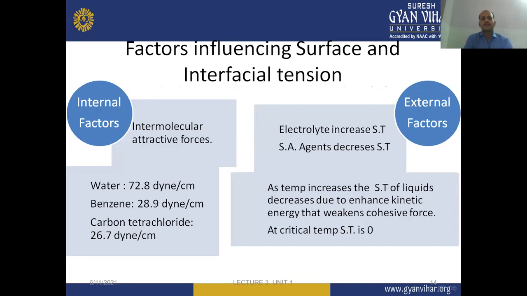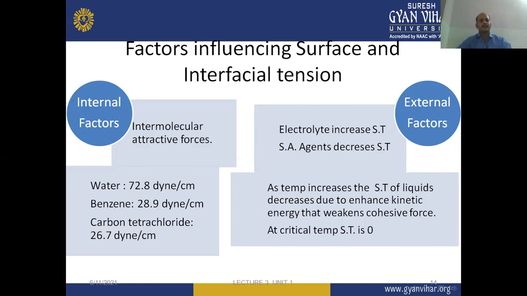Now, after the discussion of surface tension in terms of pressure difference across curved interfaces, we have to proceed to the factors affecting superficial or interfacial tension. Although there are many factors, we will discuss only some of the important ones.